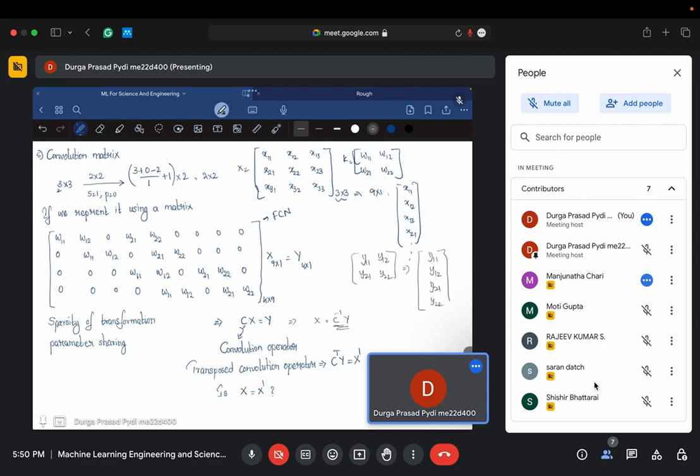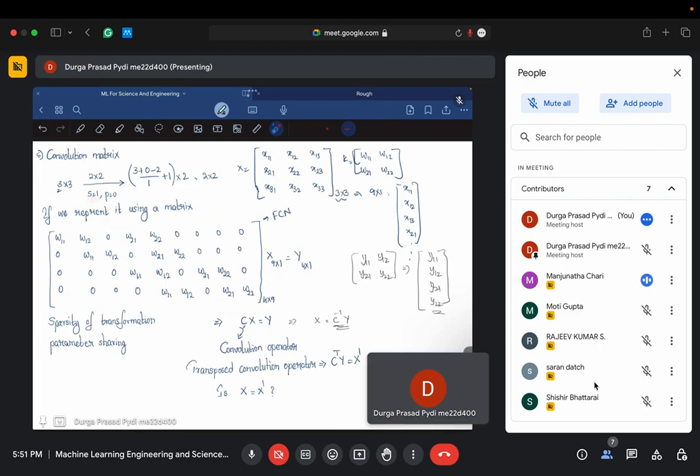I want to compare how a fully connected network versus a convolution network works. If I convert Y to be something like this, then I can see the relation between fully connected and CNN. Your input is 1D, your output is 1D, so whatever connection is there, you can represent with this matrix here. Is this what you are asking? Yeah. There is no issue of striding. In this case, I have considered stride equal to 1.